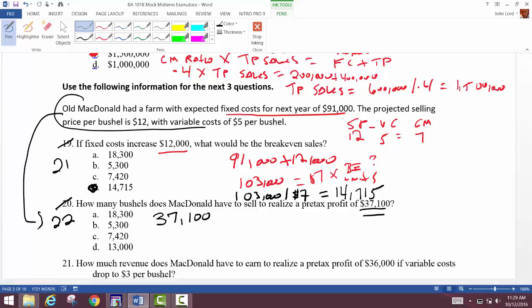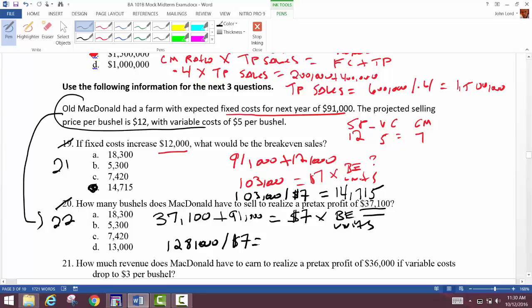So we take the 37,100 and add on the fixed cost of 91,000, and we set that equal to my $7 contribution margin times my break-even units. 37,100 plus 91,000 is 128,000, and I divide that by my $7 per unit, which gets me something in the neighborhood of 18,300. Choice A. Okay, good.